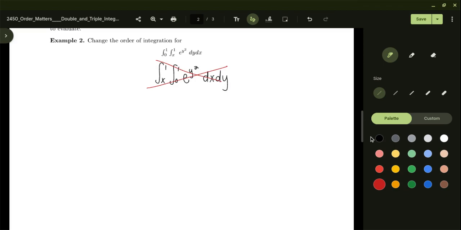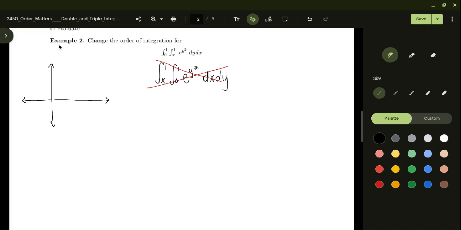So in order to change the bounds, I'm going to draw a picture of what these bounds are telling us here. And so I'm going to draw a little graph. So right now, since the bounds for y integration is from x to 1, that tells me that my y is varying from the value of x to the value of 1.